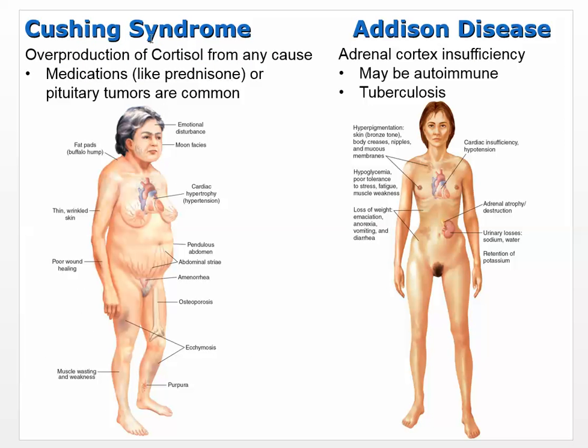A couple of disorders that come from disruptions in cortisol release include Cushing's syndrome. Cushing's syndrome is the overproduction of cortisol, and that can be from any cause, whether it's chronic stress or something else going on, and we're talking about a significant stress response. Medications like prednisone can increase the cortisol that's released.